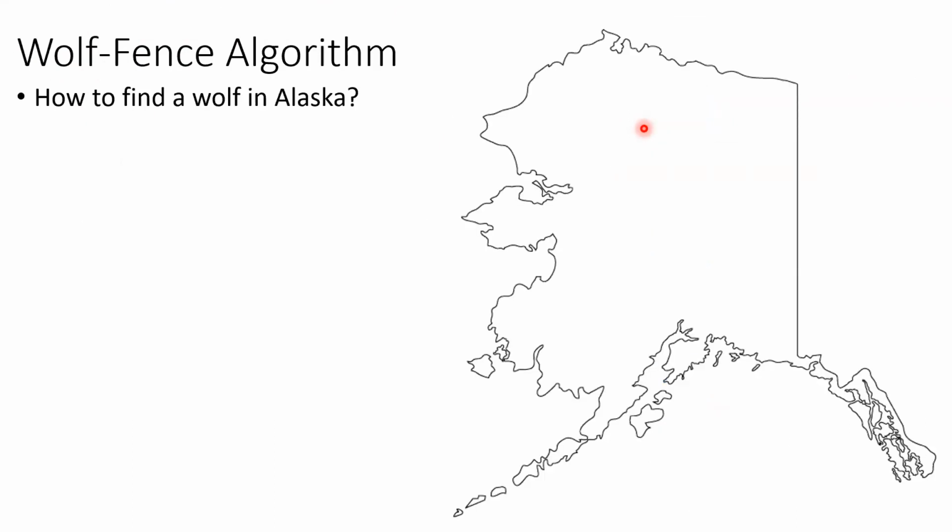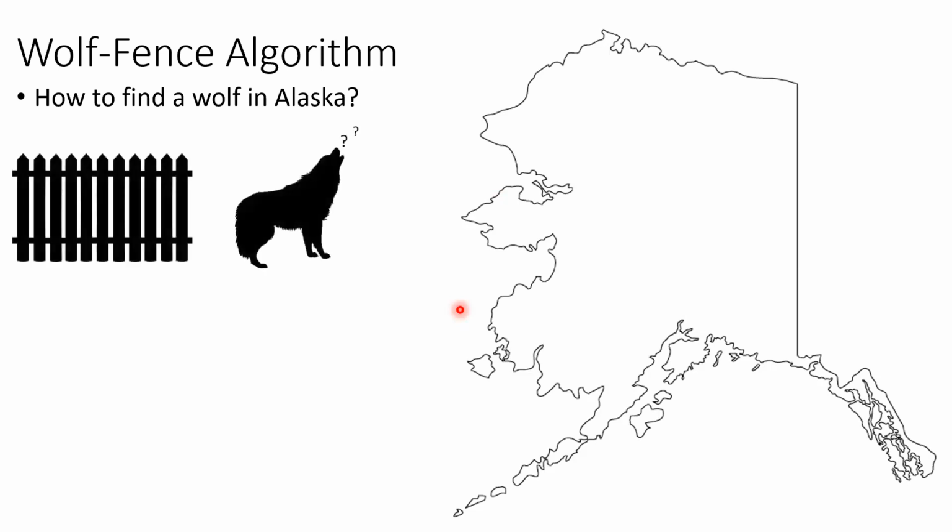The Wolf-Fence algorithm is just an algorithm to find bugs. Say you want to find a wolf in Alaska, which is this huge state here. How do you find it? One way is to put up a fence.